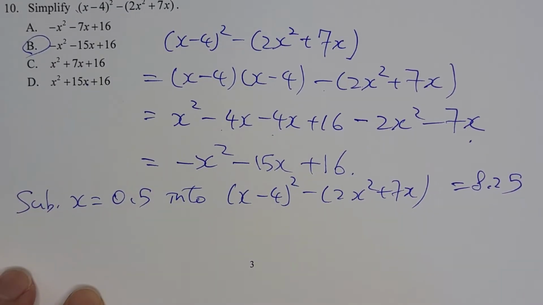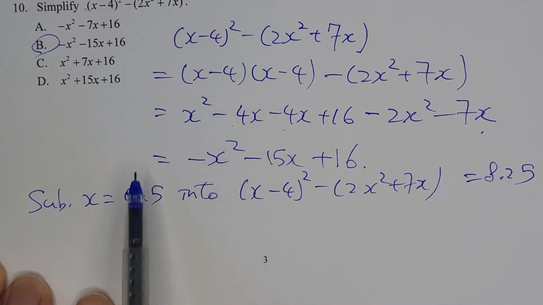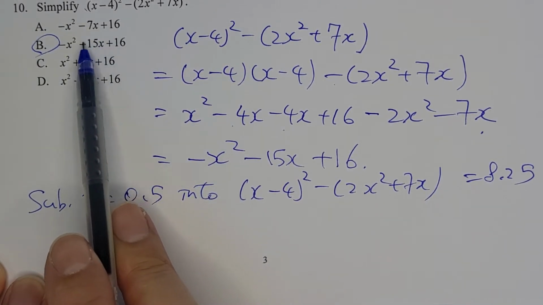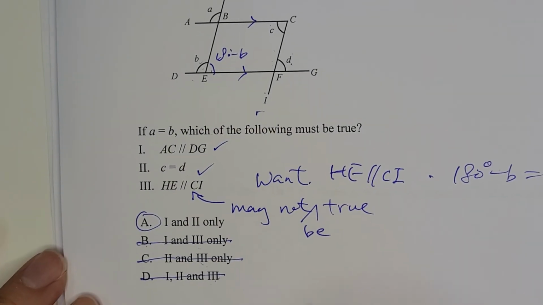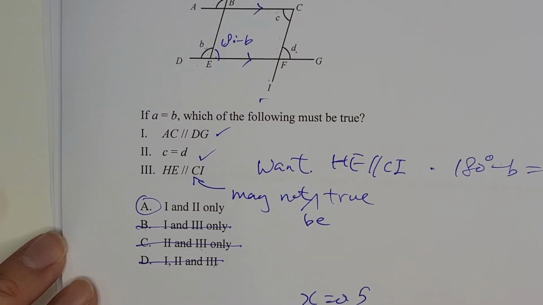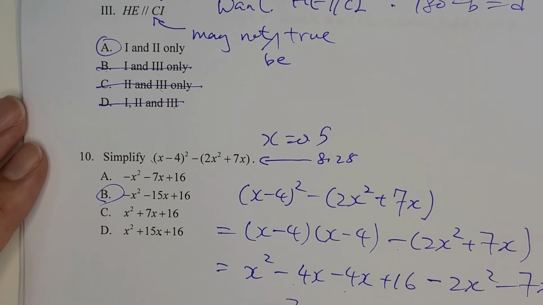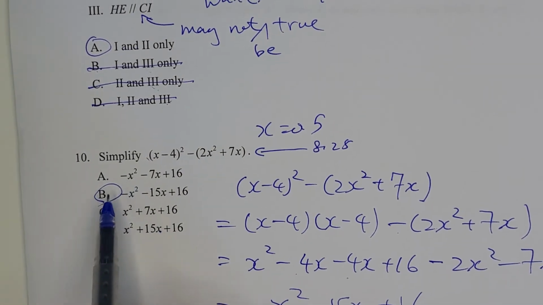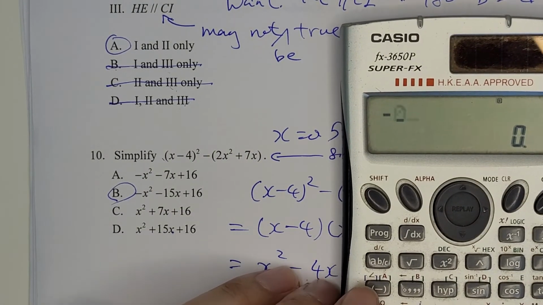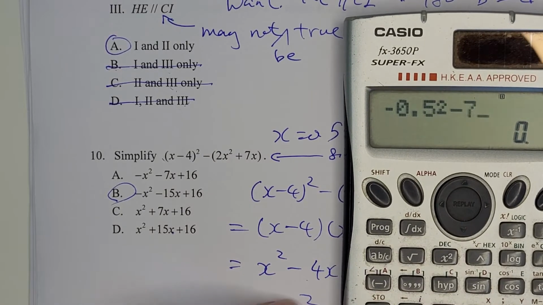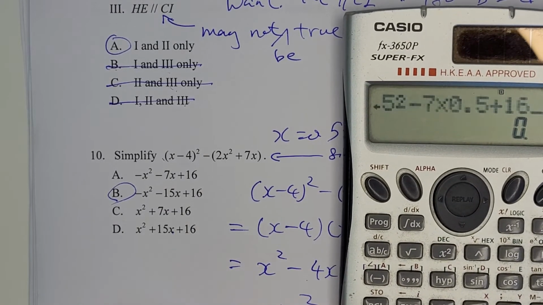So the next step you should do is try to substitute x equals 0.5 into options A, B, C, D. Okay, you remember this, when you substitute x equals 0.5, then this one will be 8.25. Alright, so substitute x equals 0.5 in option A, 0.5 squared minus 7 times 0.5 plus 16.